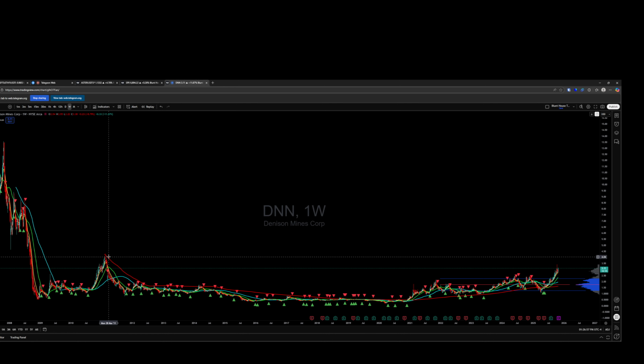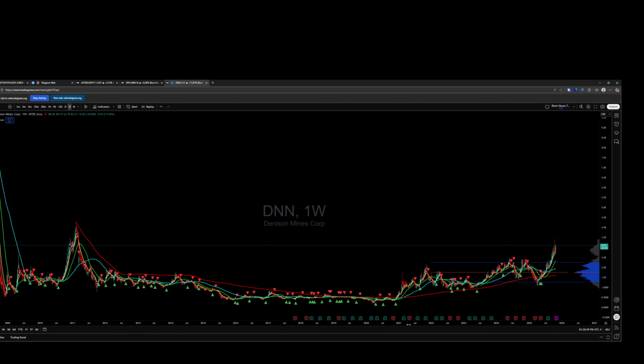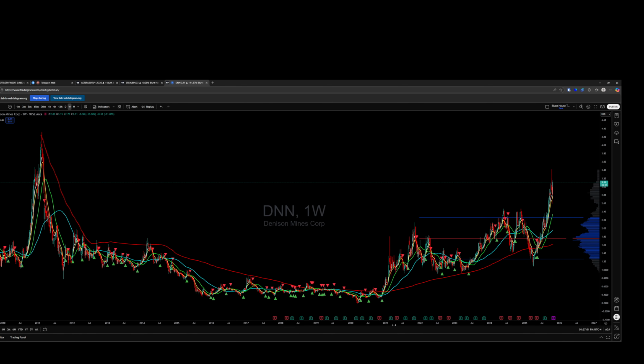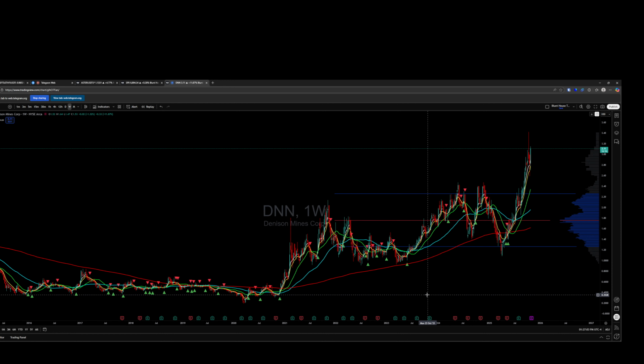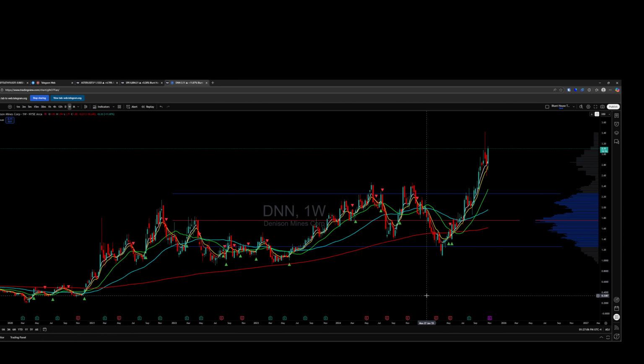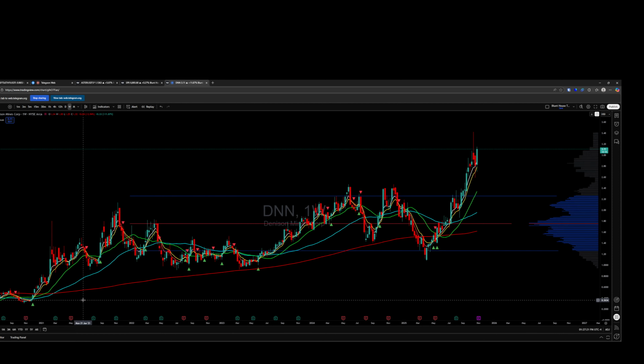If this thing lights up for whatever reason, there's a tremendous amount of upside here. There are lots of ways to play this, but the weekly looks super strong. Again, clean signals. I love green candles at the 50 that print a signal. Buy every single one of them, because they usually turn out to be nice trades.